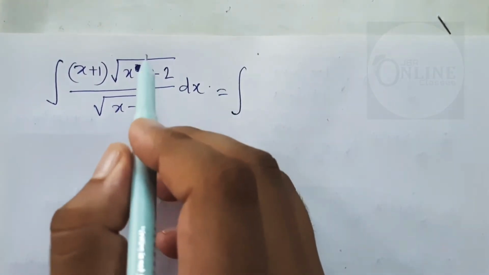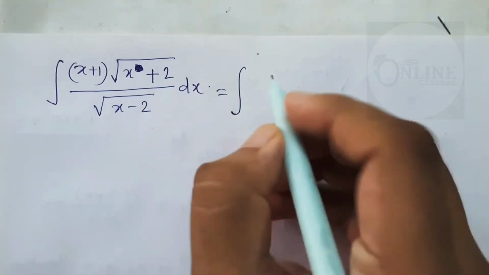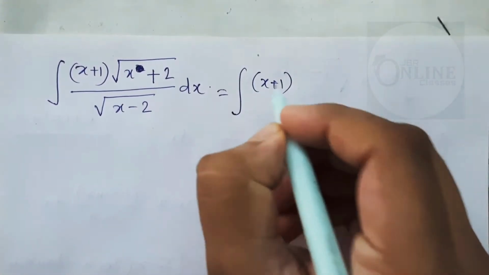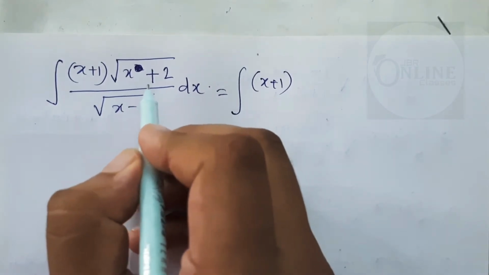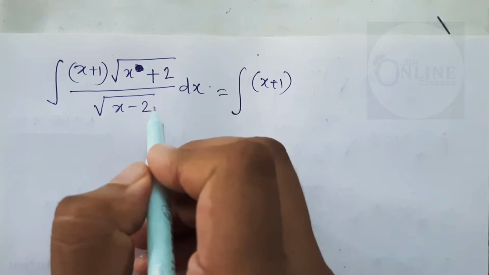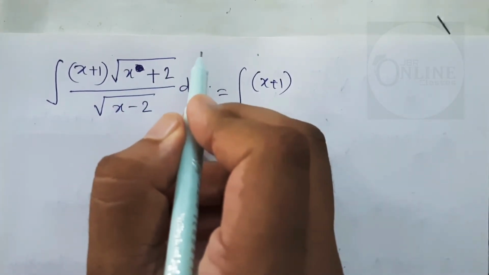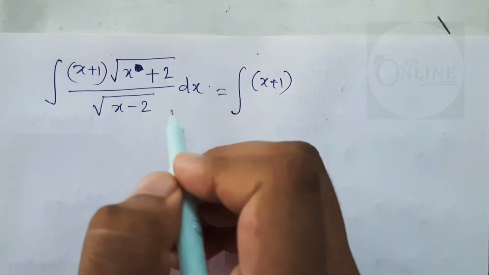Here I am rationalizing the numerator. x plus 1 is there already. I am multiplying by root over x plus 2 in the numerator as well as in the denominator. So this is going to be root over x plus 2 whole square, and then this root will be gone.